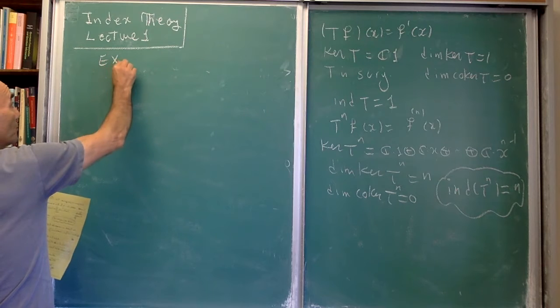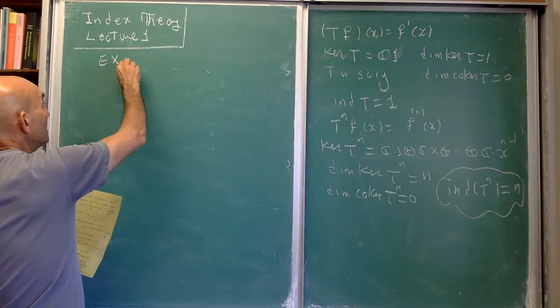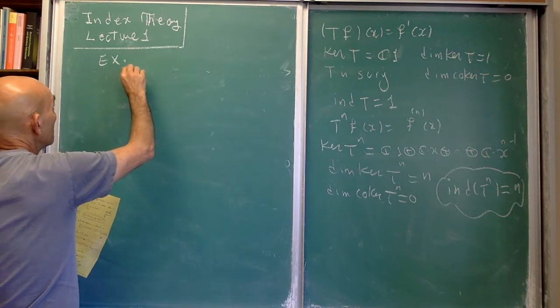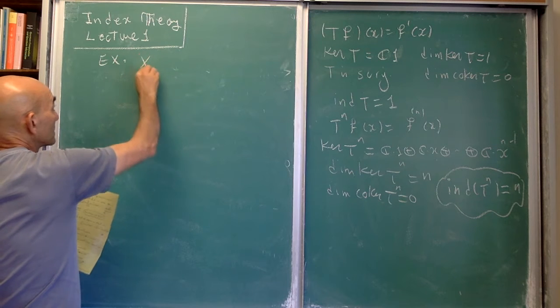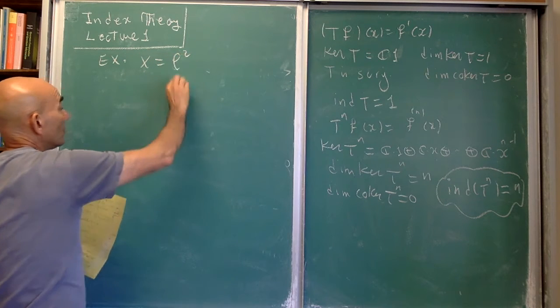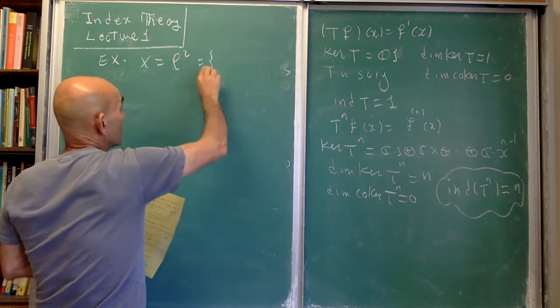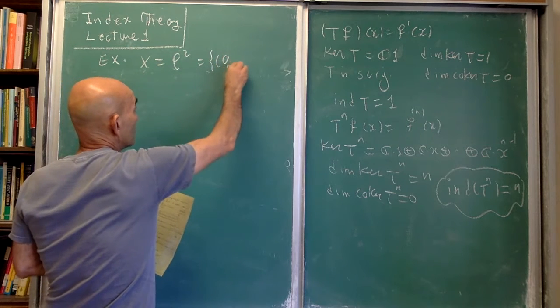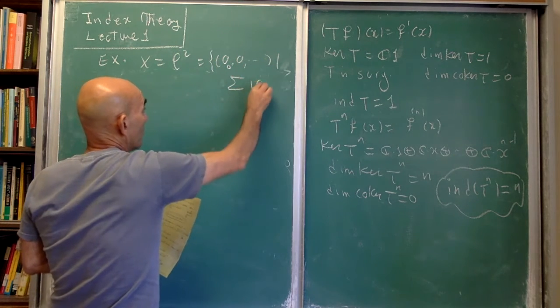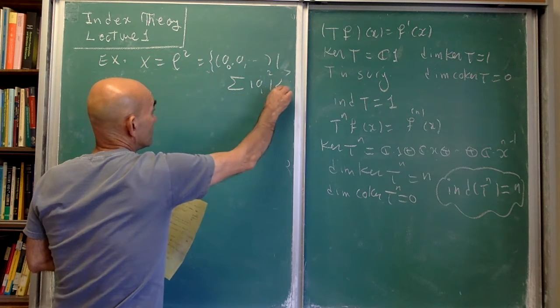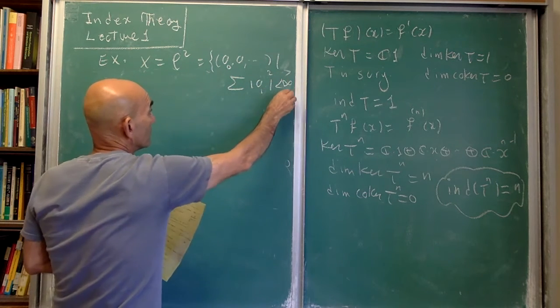These examples are purely algebraic. This needs Hilbert space, but that's a very simple theory, in fact. So let X equal L2, which is the set of all sequences A0, A1, and so on, such that they are square integrable. I mean, square summable.